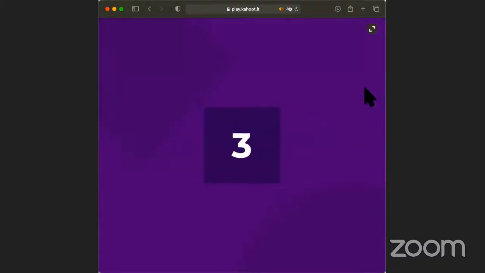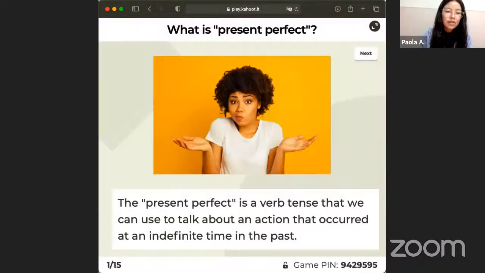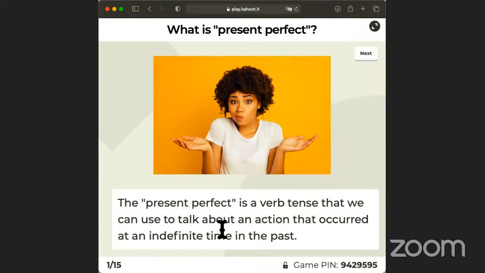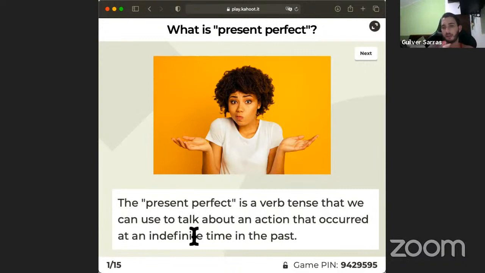Okay. It's very easy, guys. You have to be fast, all right? To get the highest score, you have to be fast, fast, fast. Gilbert, can you help us reading this part, please? The present perfect is a verb tense that we can use to talk about an action that occurred at an indefinite time in the past.